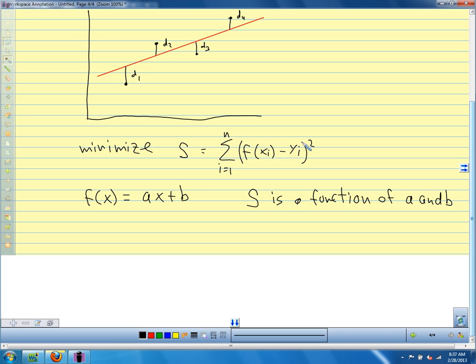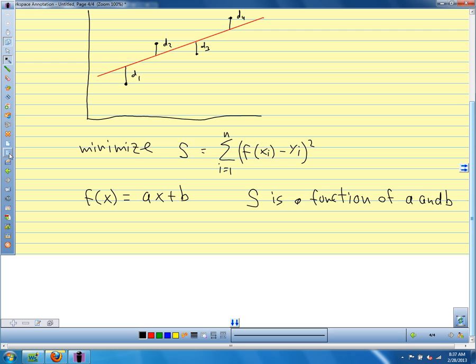We take the first partials of s with respect to a and with respect to b, set them to 0, and run the second partial test to ensure that we have a minimum. I'm not going to go through the process because it's extremely involved, but it's the tools that we've been using.